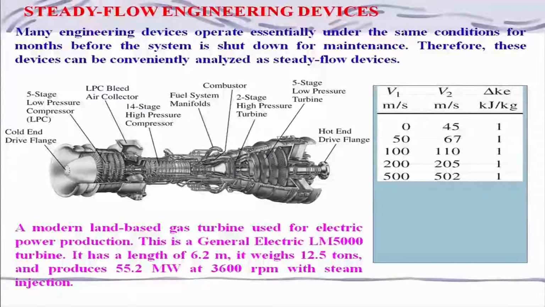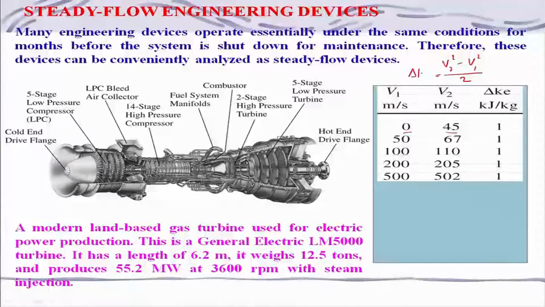For example, if V1 is 0 and V2 is 45 meters per second, the change in specific kinetic energy, V2 squared minus V1 squared divided by 2, happens to be 1 kilojoule per kg.